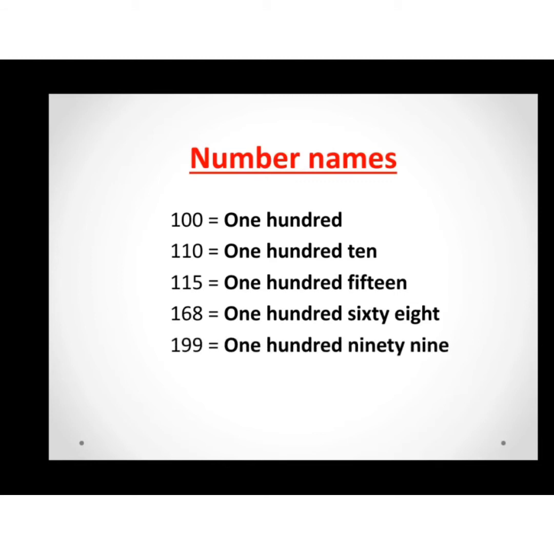For 199, first ONE 1, then HUNDRED 100, after that NINETY 90 and at last NINE 9. And for 200, it's too easy. Write down the spelling of 2 and the spelling of 100. TWO 2, HUNDRED 100, 200.